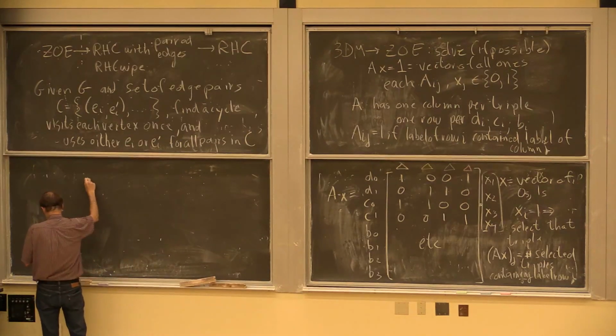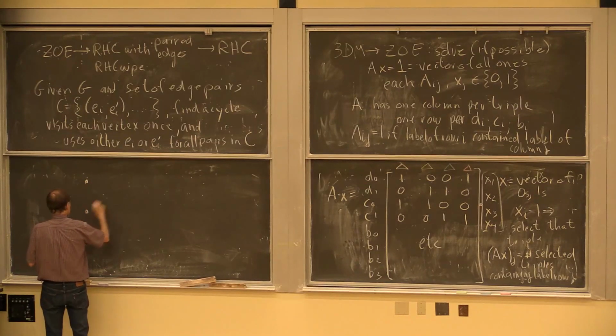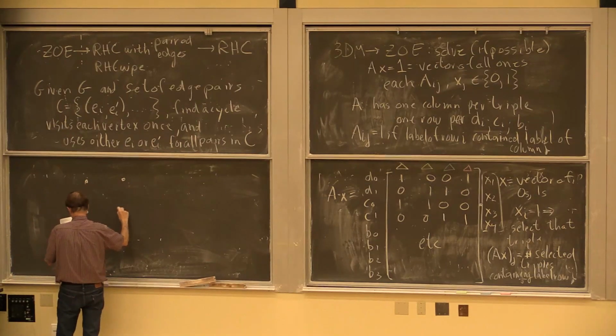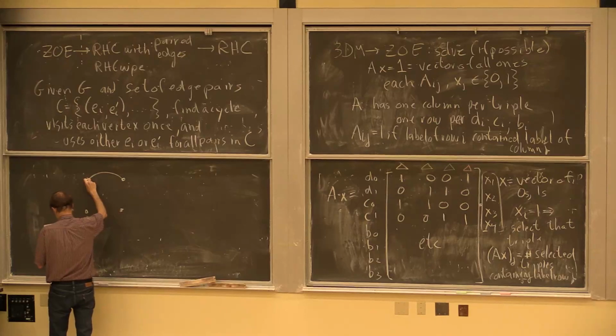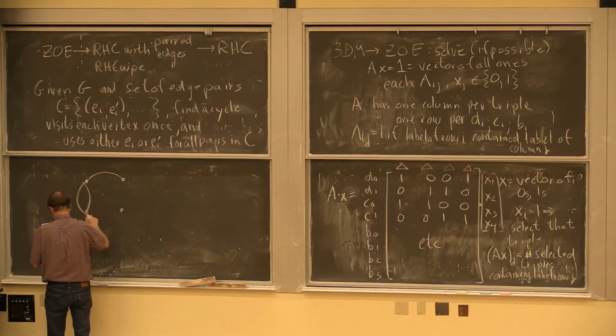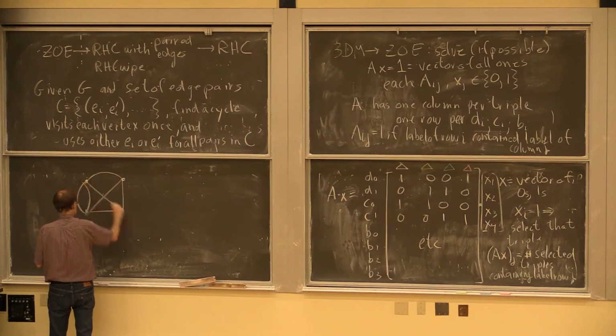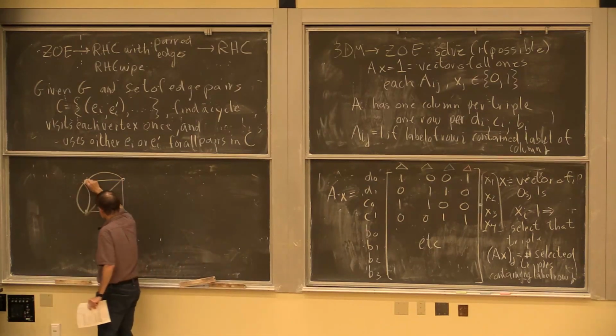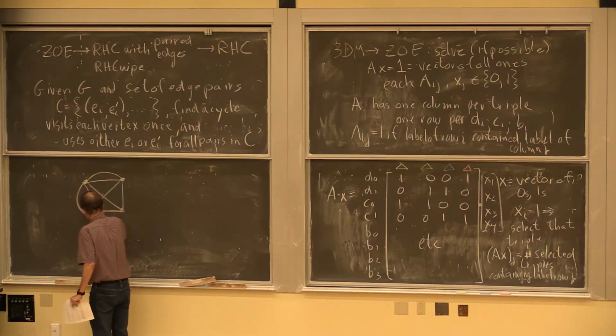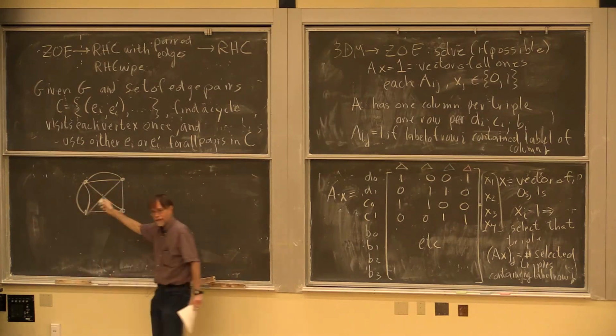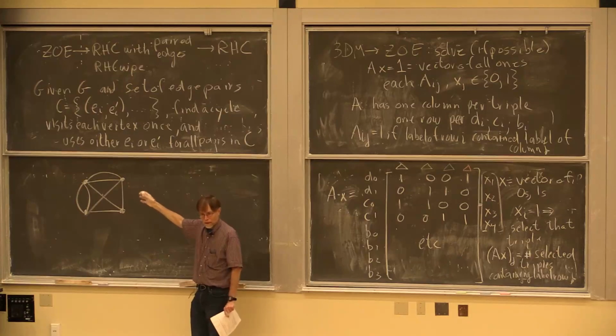So here's going to be my graph. Okay, so 4 vertices and lots of edges. And it's easy to see, there are multiple solutions to this problem.